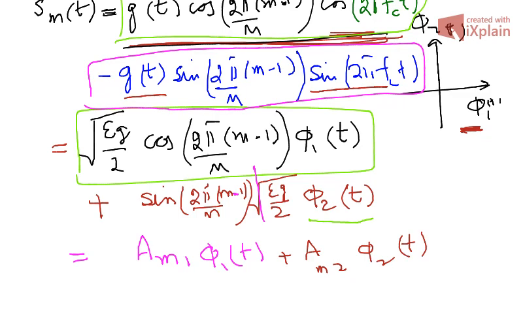So your S_m of t is just represented by this A_m1 and A_m2.